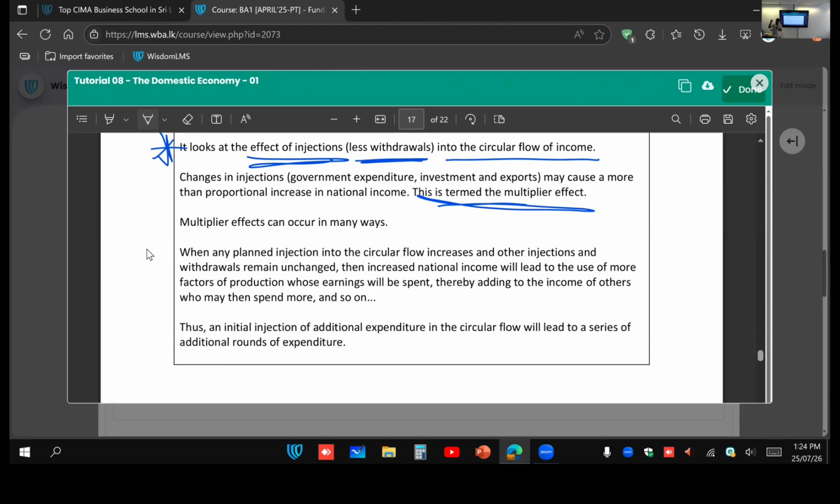Sometimes you might feel we are following a business management accounting qualification, and this person is teaching about all this national economy, government. Why all this? Remember, in the business world, the national economy and the government play a crucial part.